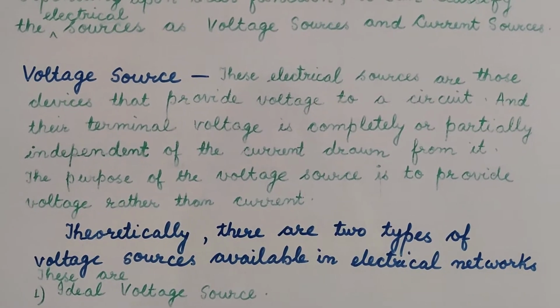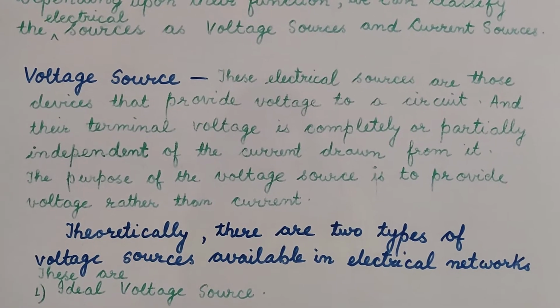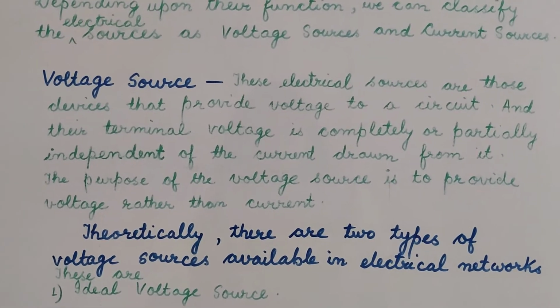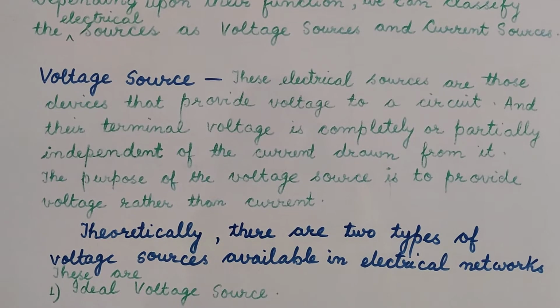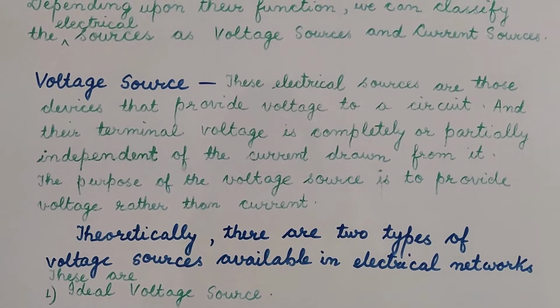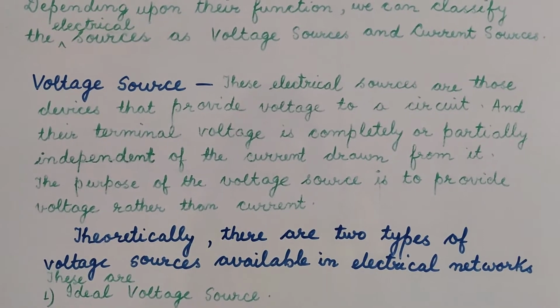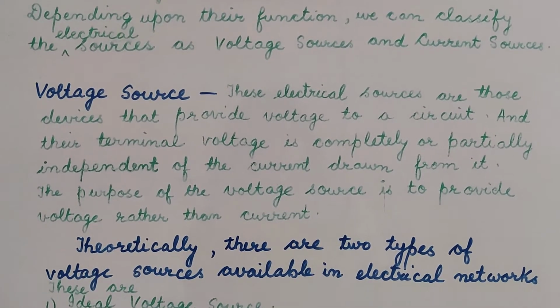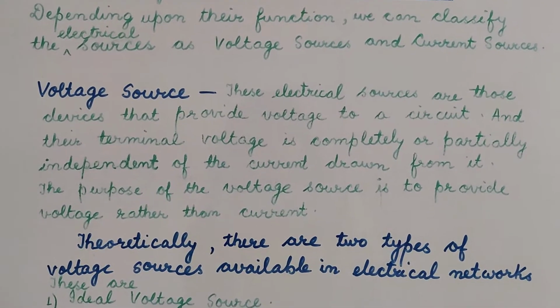A voltage source is a device which provides constant voltage across its terminals irrespective of the load connected to it. So we can say that the purpose of a voltage source is to provide voltage to the circuit rather than current.